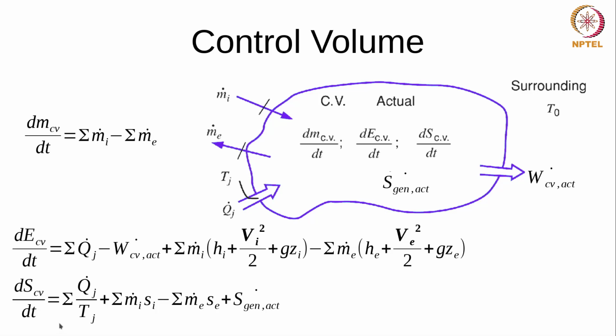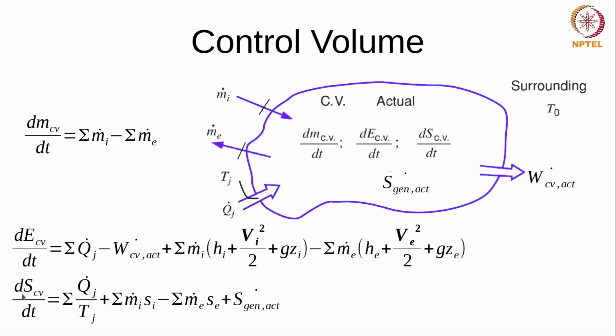Now if we look at the entropy equation over here, what we see is that these are the same because the states are the same. This part has the same amount of heat transfer, but this term was there for the actual control volume, which is not there for the ideal control volume because the ideal control volume undergoes a reversible process, so there will not be any entropy generation.